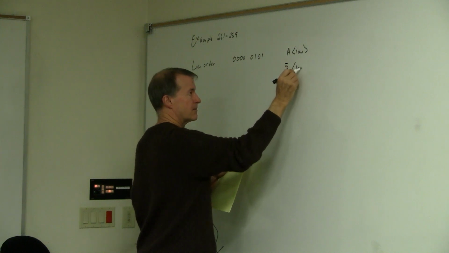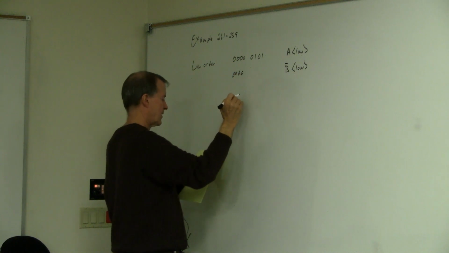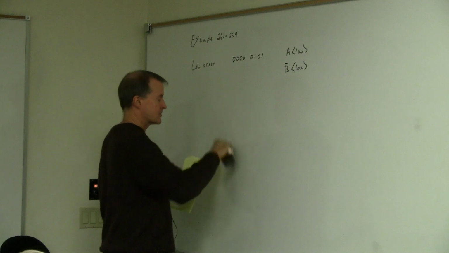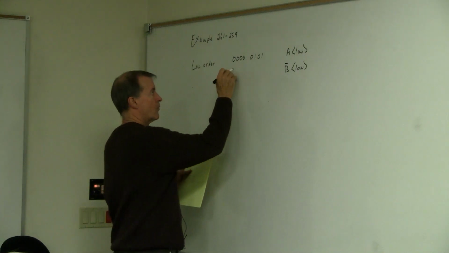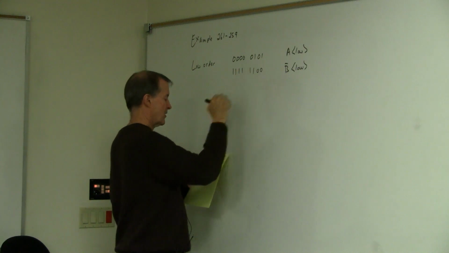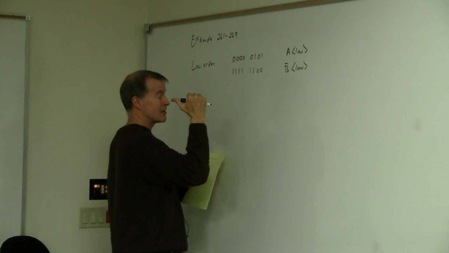Oh, B bar, sorry. All ones, the opposite of that. So it'd be 1, 1, 1, 1, 1, 0, 1, 1, 0, 0.